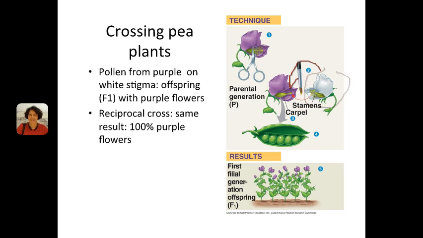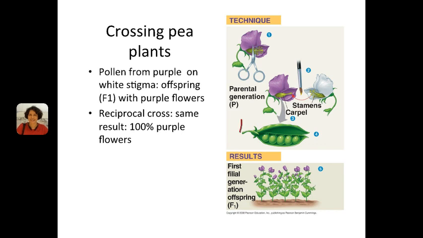It's a female flower now, so it is going to receive the pollen from the white flowered plant. In what is called a reciprocal cross, he does it the other way around. In other words, he would snip off the anthers from the white flowered plant and have it become the female plant and deliver pollen from the purple flowered plant to the white flowered plant.